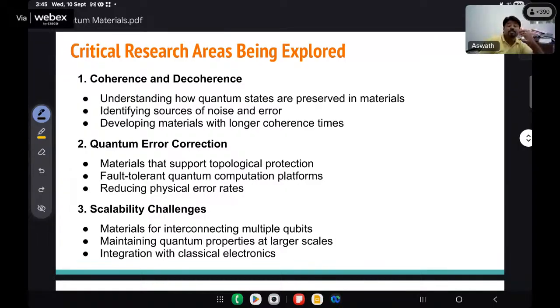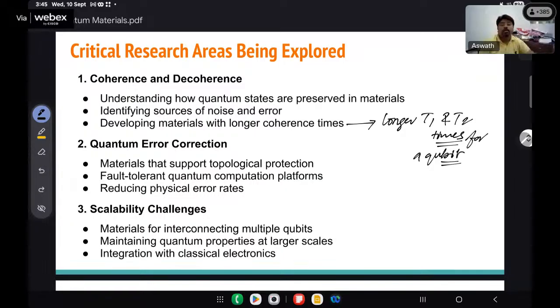So T1 and T2 must be large numbers so that we can do more computations on a given qubit. Longer coherence times mean longer T1 and T2 times for a qubit.